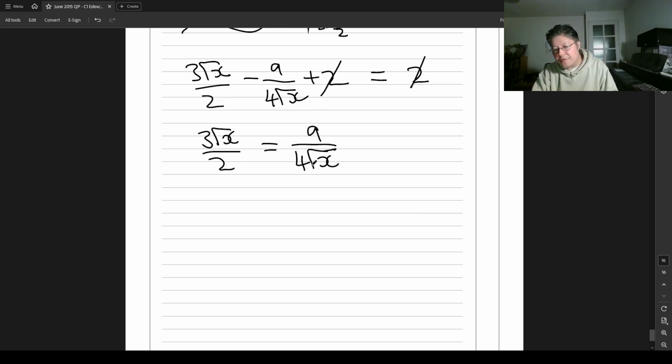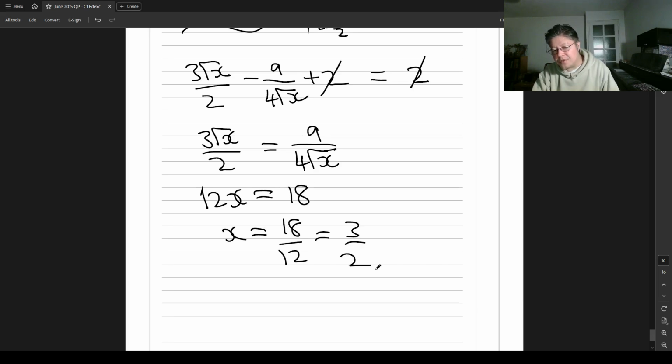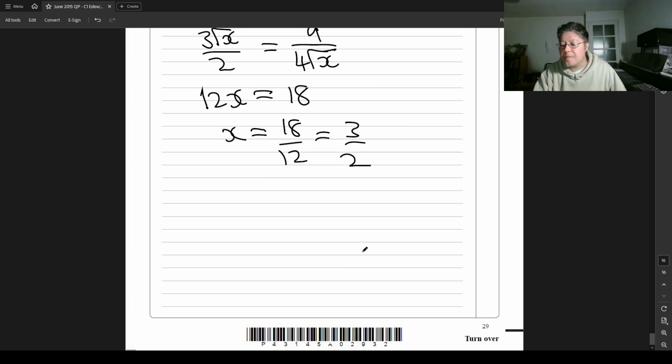So 4 root x times 3 root x is 12x, 12x equals, and 2 times 9 is an 18. Therefore x is 18 over 12, and we can divide by 6 top and bottom to give us 3 over 2. And that's the end of the paper.